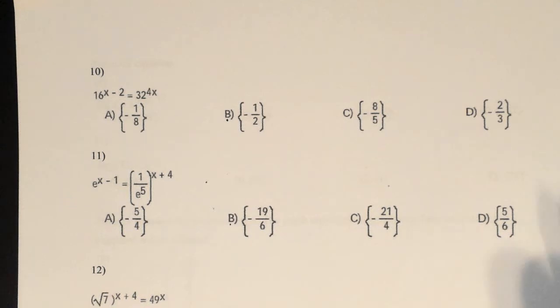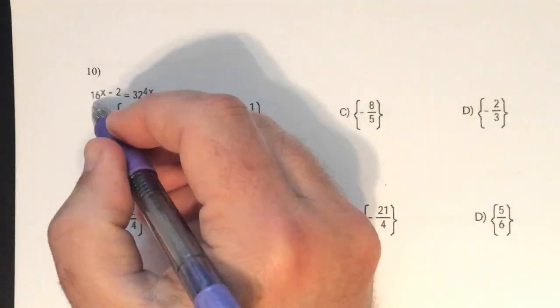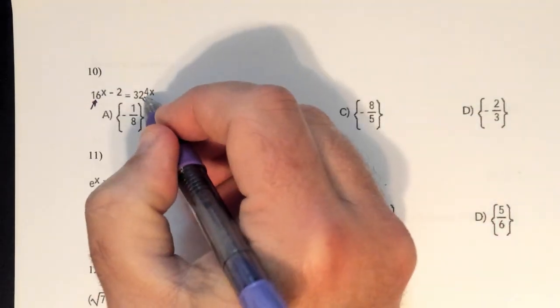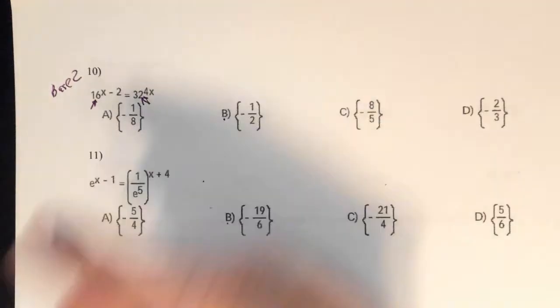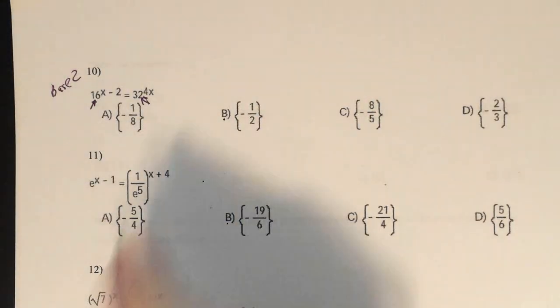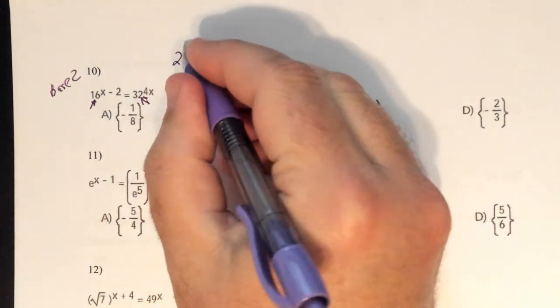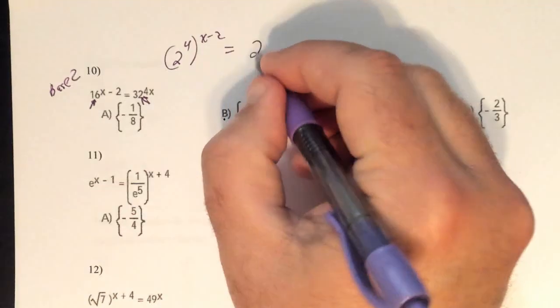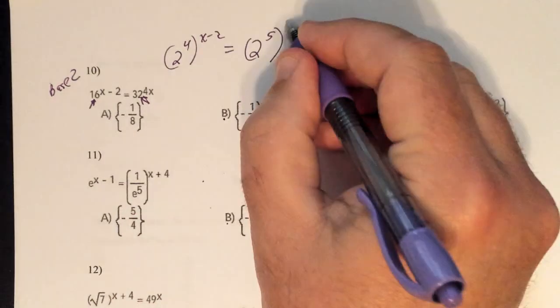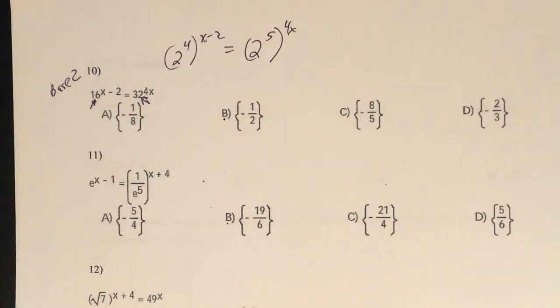So, 10, 11, 12, still working on trying to get that same base. The base for 16 and 32 is going to be base 2. So 16 is 2 to the 4th, x minus 2, is equal to 2 to the 5th is 32, times 4x.